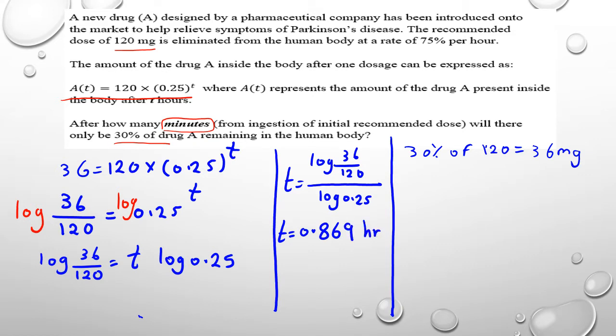This is in hours, remember, because T is after T hours. The question says how many minutes, so you need to change that into minutes. By multiplying by 60, you get T equals 52.1 minutes.